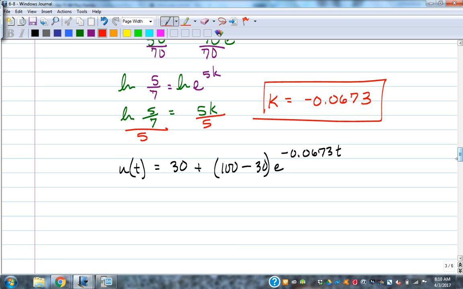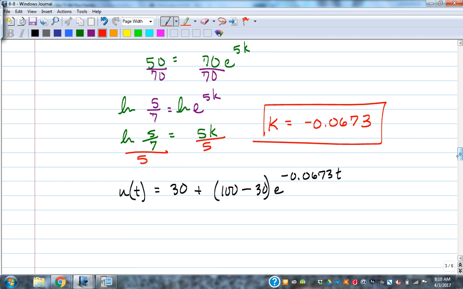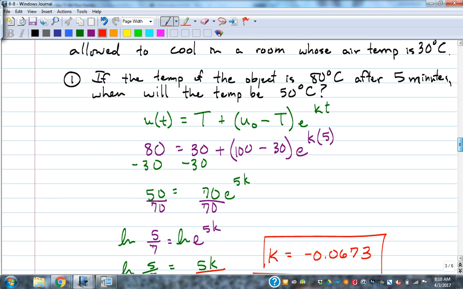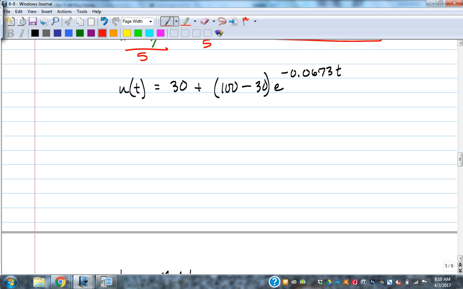Now, here's where we want to answer the real question that they asked in the problem: when will the temperature be 50 degrees? So we want to know, when will that equation equal 50? So we're going to solve it for t. We're looking for a time.